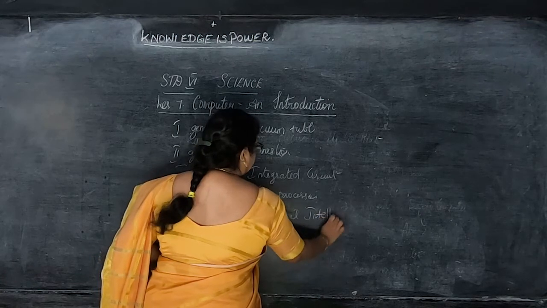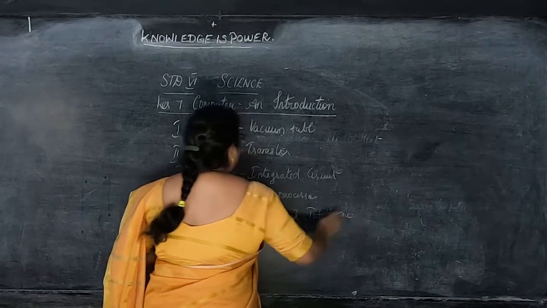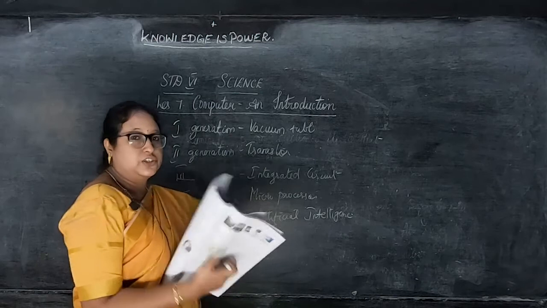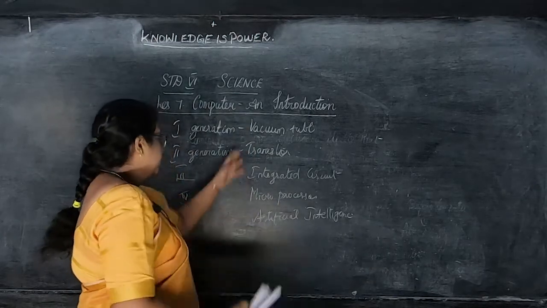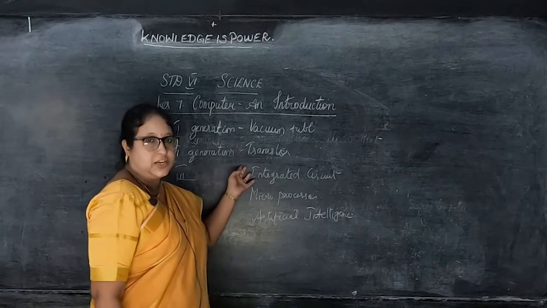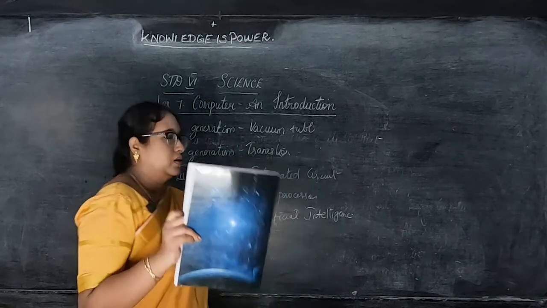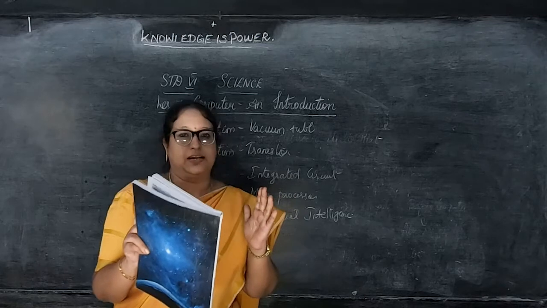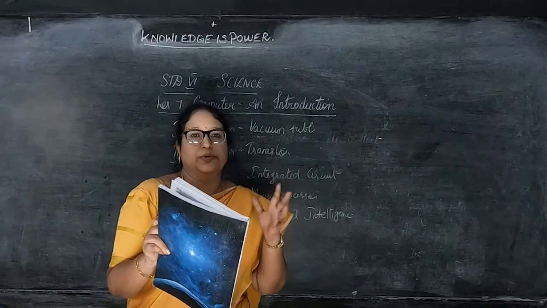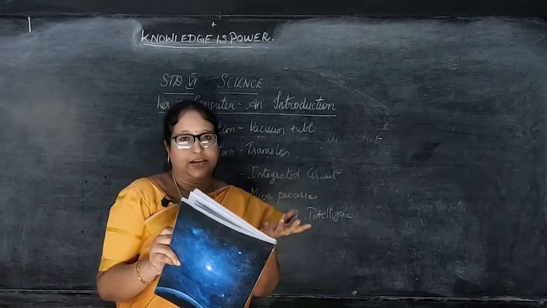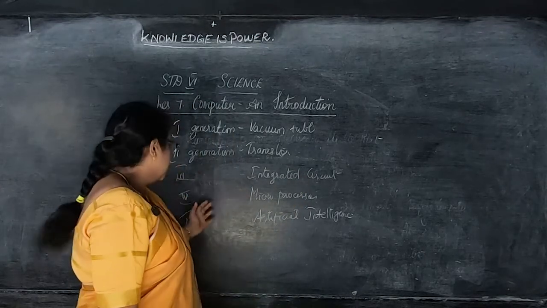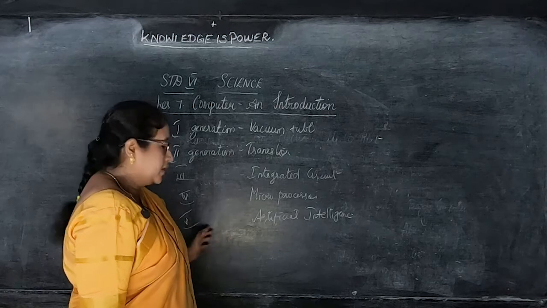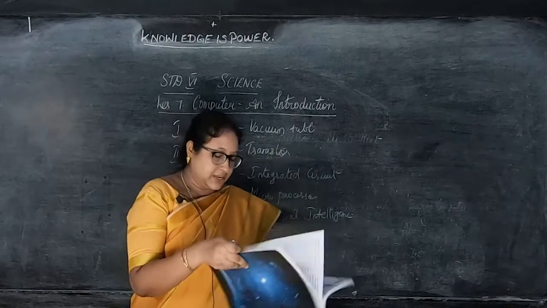Okay, children? Do you understand this? First generation vacuum tube, second generation transistor, like a small radio box where we can listen to music or news. Then third generation integrated circuit, fourth generation microprocessor, and fifth generation artificial intelligence.